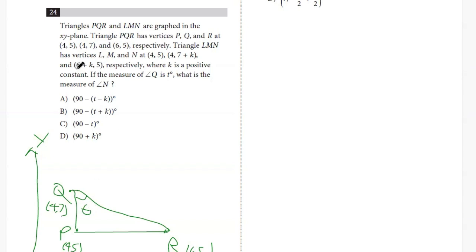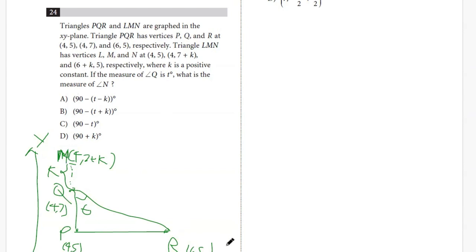And I notice here that the x coordinate is the same for 4, 7 plus K. It's only the y coordinate that's different. I'm adding some K value here. So this is N, 4, 7 plus K. I'm sorry, M here. There should be M here.